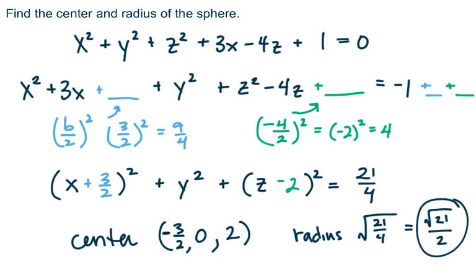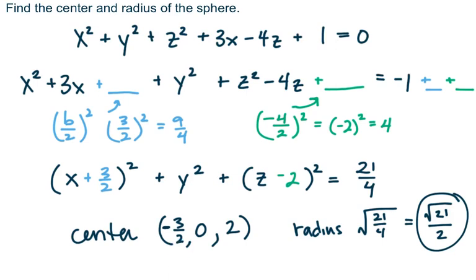So now I have a radius and a center. My a value, this was a squared. I had to take the square root of it to find a for my radius. And then because the standard form has minuses, these values for 3/2 and -2 are the opposite in my center.